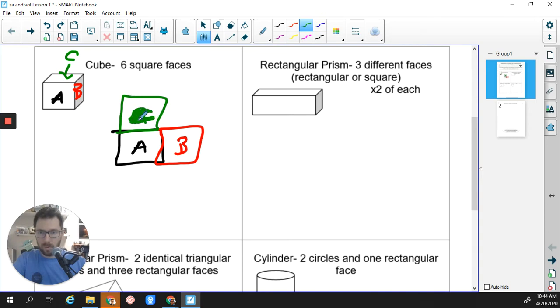So if we take a look at this, there's more sides than just these three, right? If we took a look at our pizza box, there's multiple sides here.